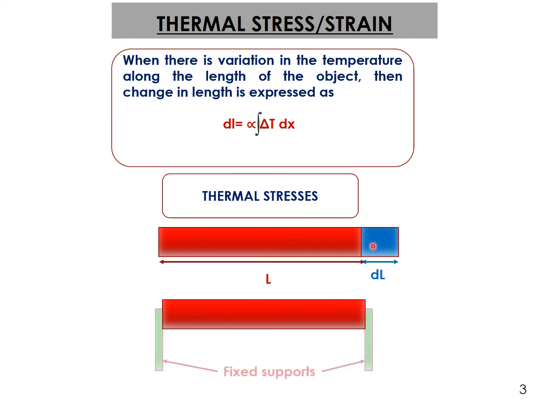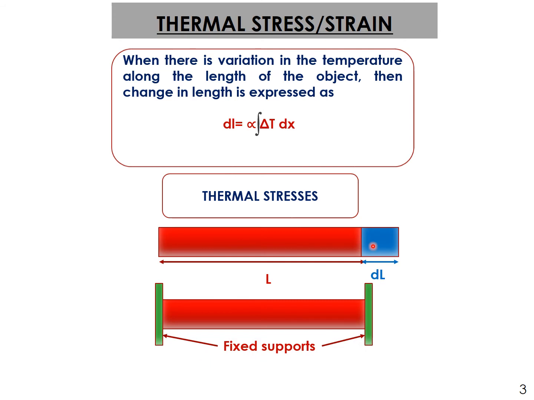For example, if I take two fixed supports, and place this bar within these supports, and it is subjected to the same temperature change to which this bar was subjected, what will happen? Where will this change in length go? This change in length will be restricted by the supports. In turn, some compressive force will act upon this. Say this is a compressive force.